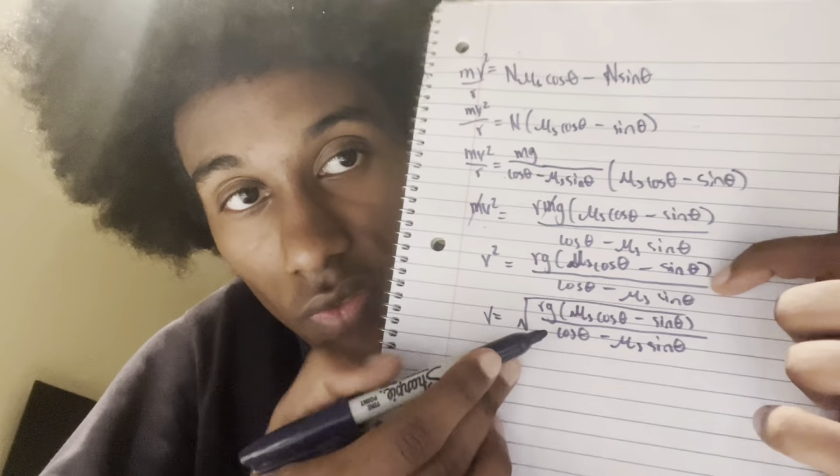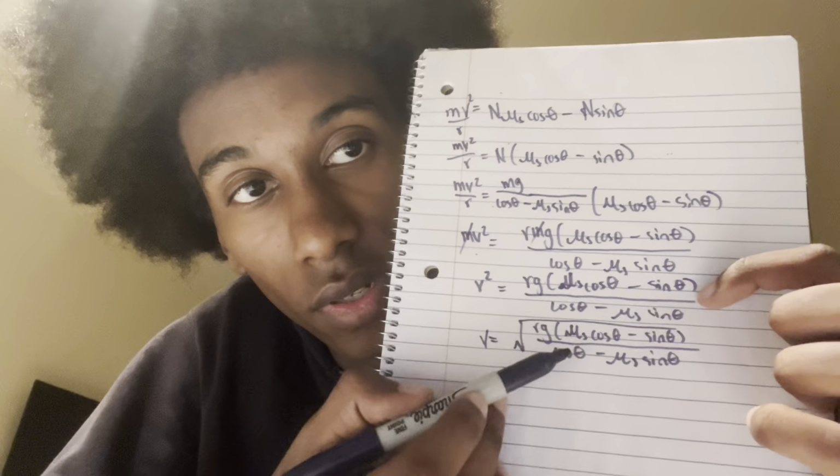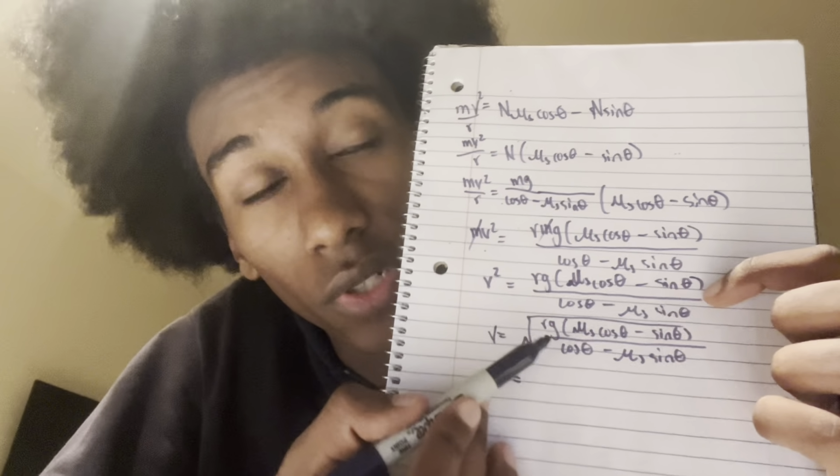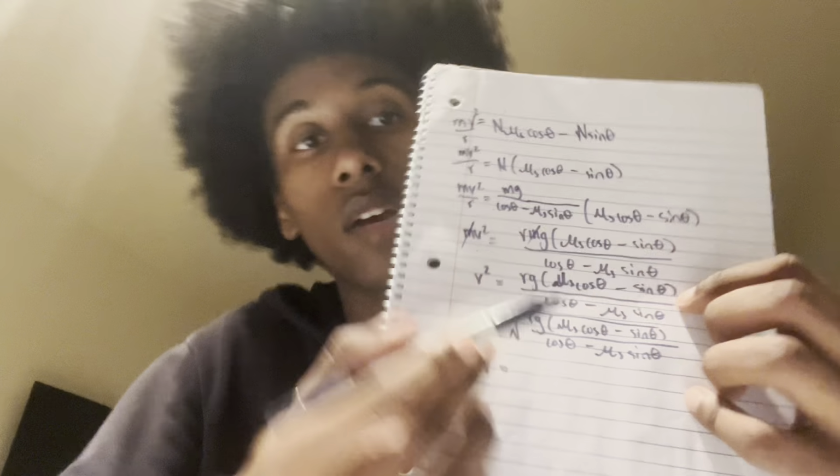All right. Well, first, this is the equation for velocity that I have. And first, we're going to plug in the numbers. The numbers we have for radius, like I've said before, 50, and for gravity, we have 9.81.